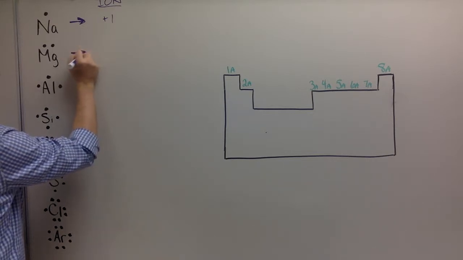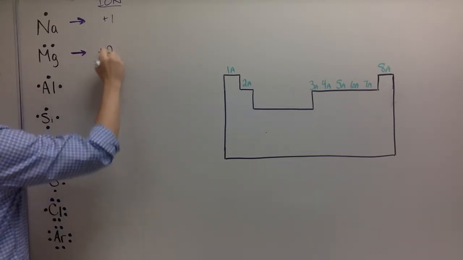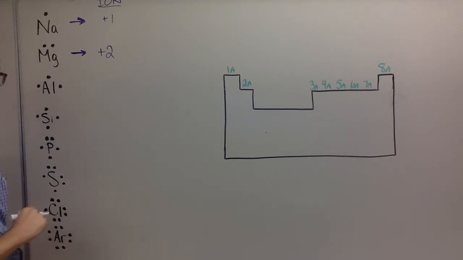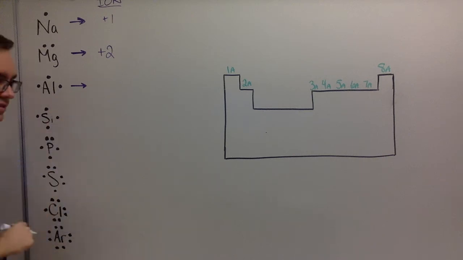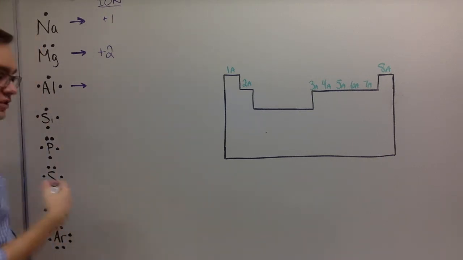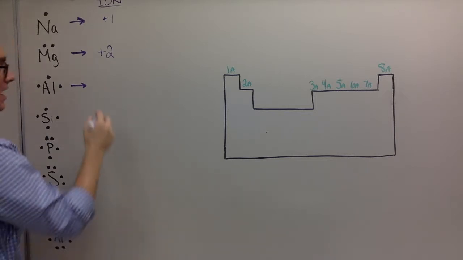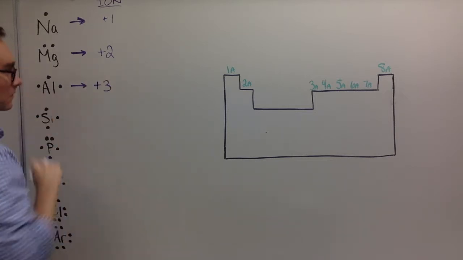It is going to lose those 2 electrons and form a +2 charge. Aluminum has 3. It's either going to gain 5 or lose 3. It's going to lose 3 electrons, becoming more positive, and be a +3.